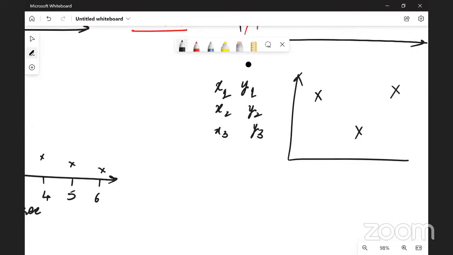A degree 2 polynomial. Exactly, a degree 2 polynomial. Then how can we do that?